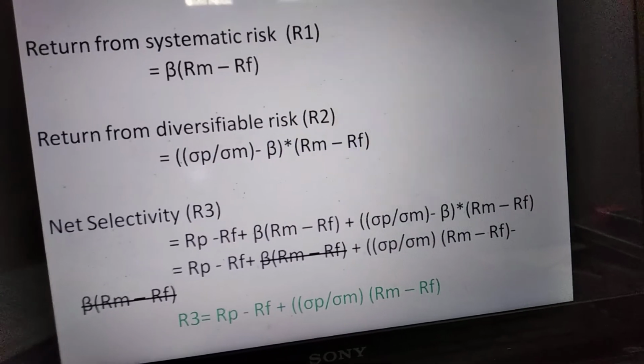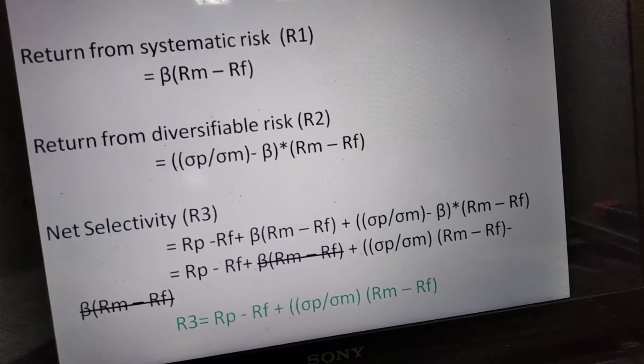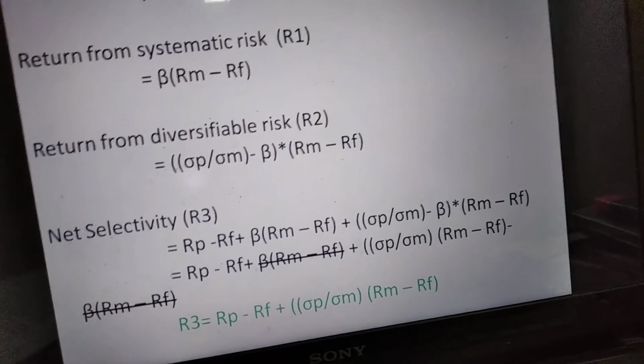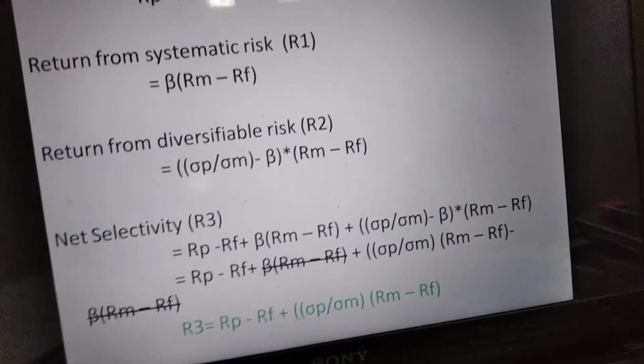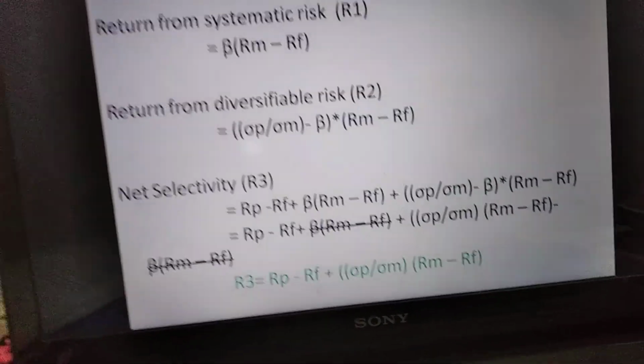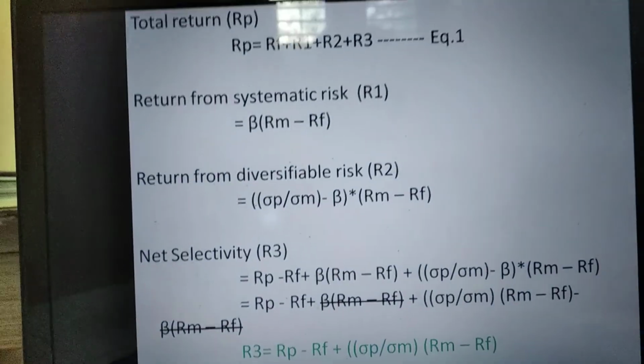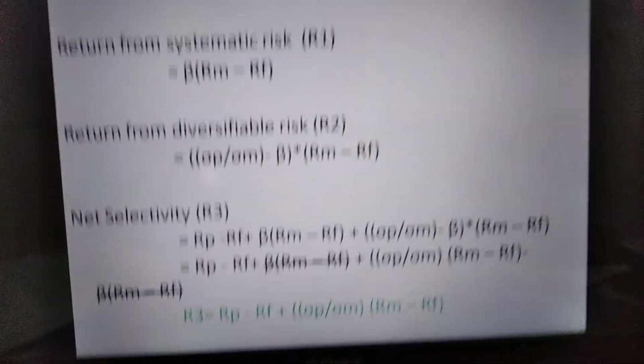It is a return earned over and above the return mandated by the total risk of the portfolio as measured by the standard deviation. Mathematically this is calculated as we discussed in the slides. Thank you. This is what we call the Fama decomposition model.